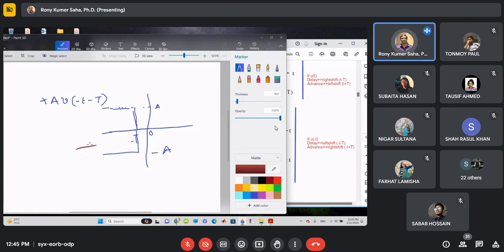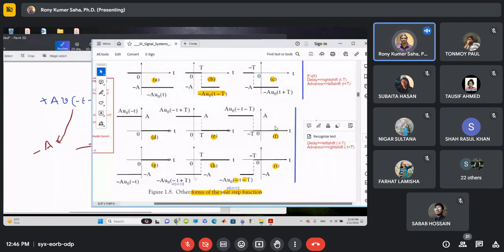Now your response is basically this one. When you consider minus of a, the rest is as it is. So let's check whether it is okay or not. So it's a minus of a. This is the response we asked for. So hopefully you should be able to draw this kind of thing.